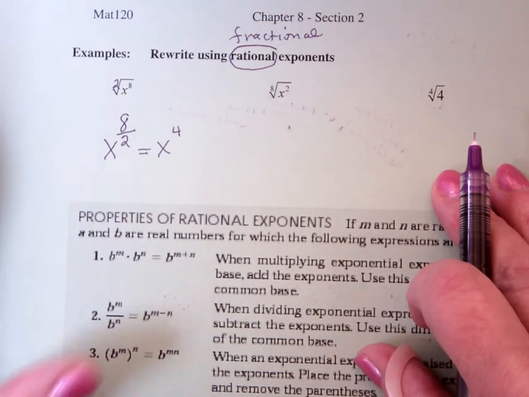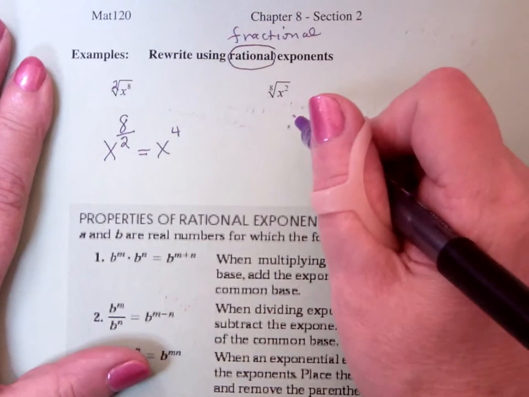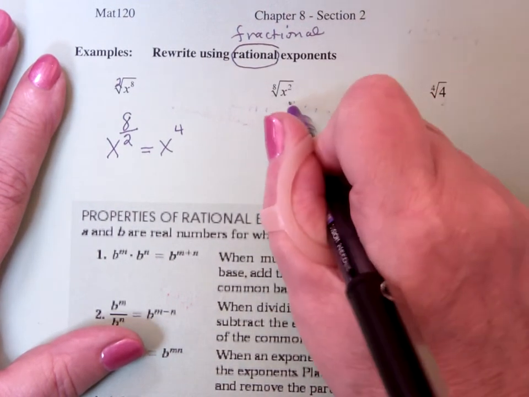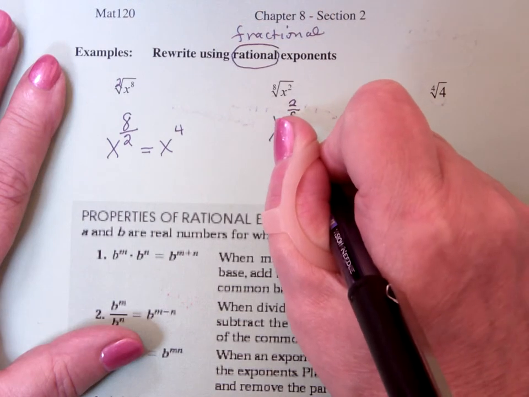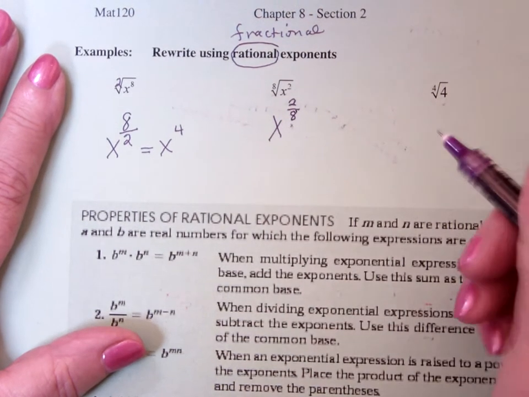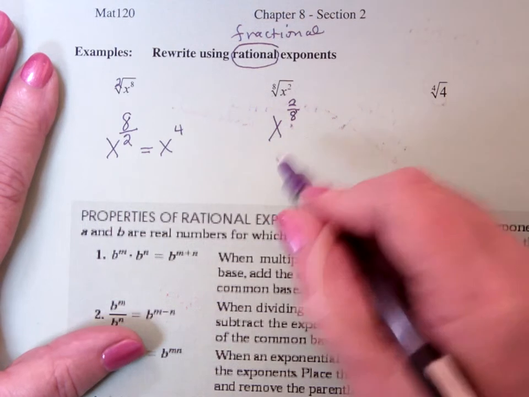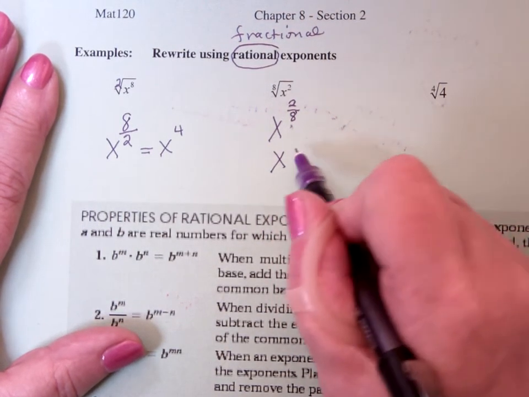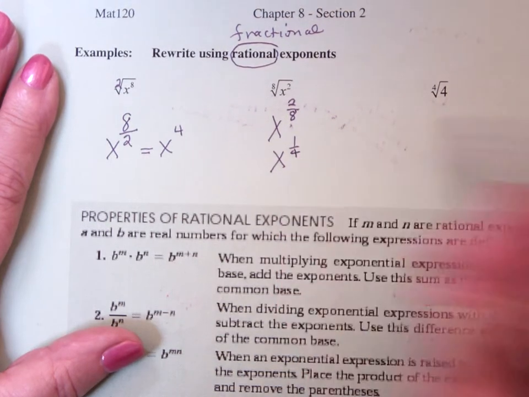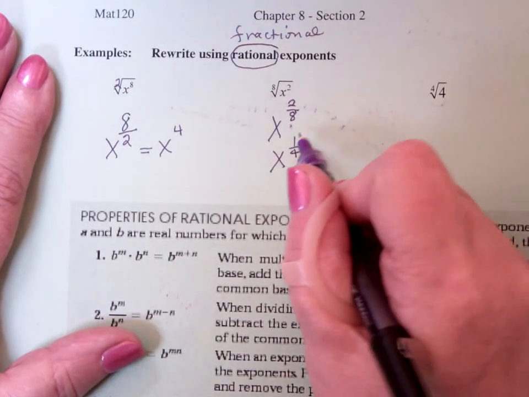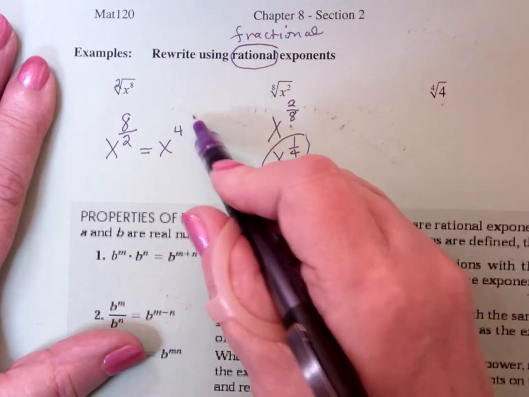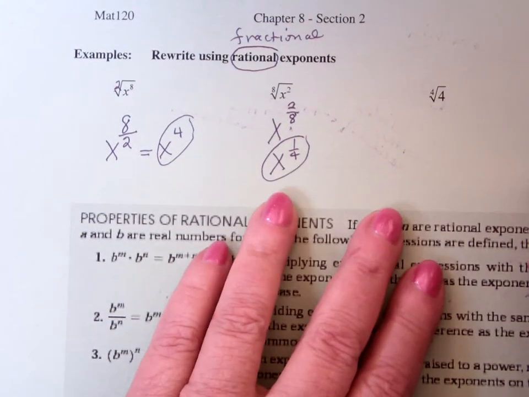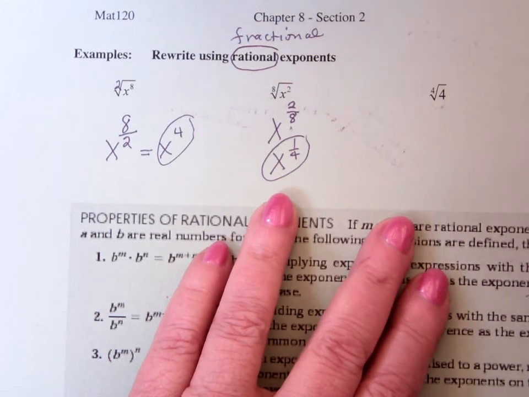And this is why, by the way. This says I've got x, the power is 2, the index is 8. So this is x to the 1/4. Now I can't really do anything more with it, because 1/4 basically says this turned into a 4th root instead of an 8th root.